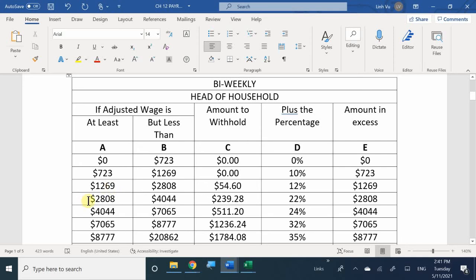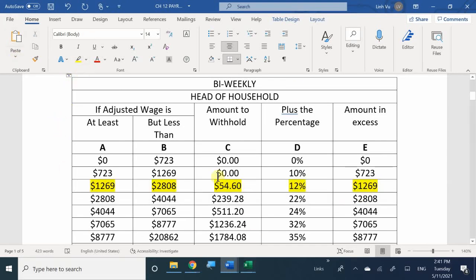Does he make at least $2,808? No. So hop back up here. He made at least $1,269, and he's made less than $2,808. So we're going to highlight this, whatever you'd like, so I can keep track of it.